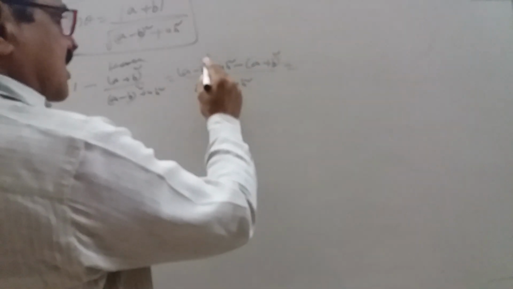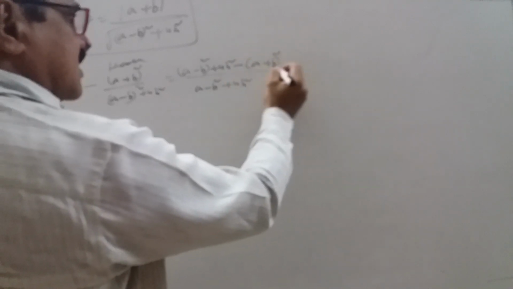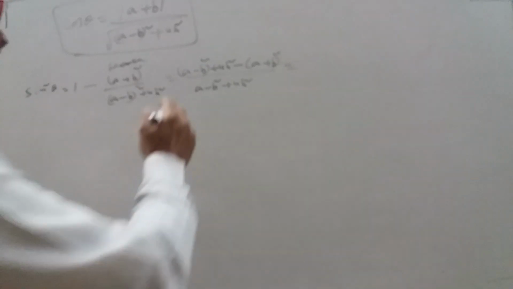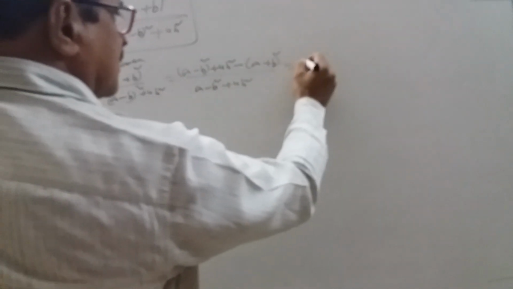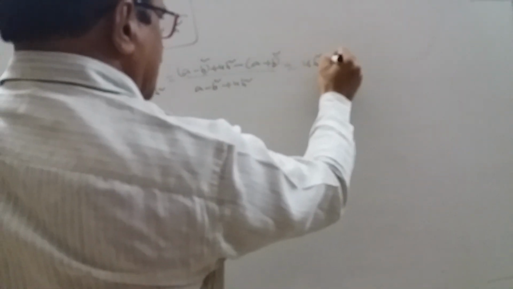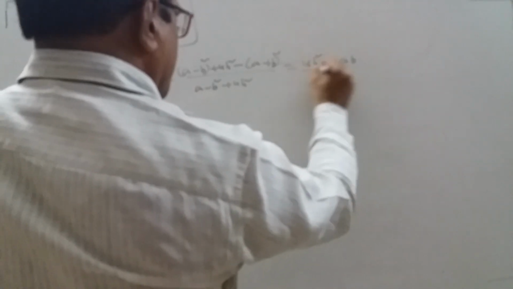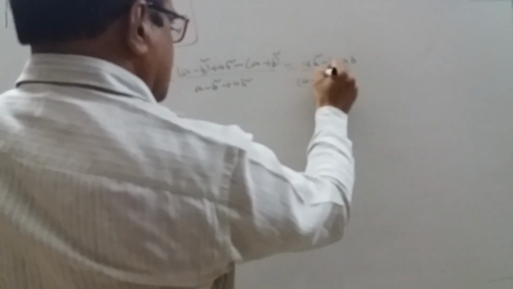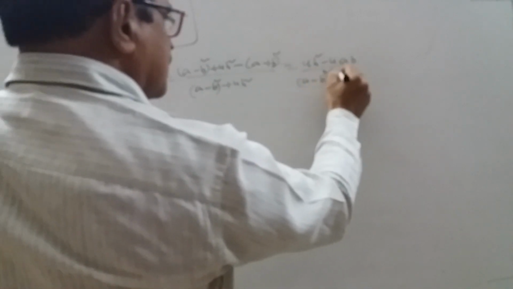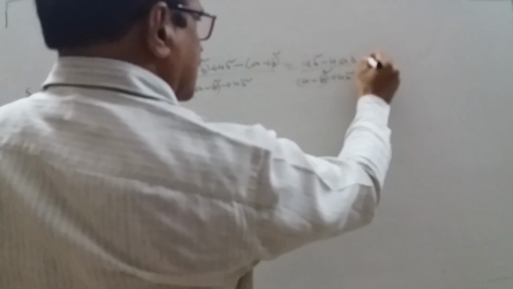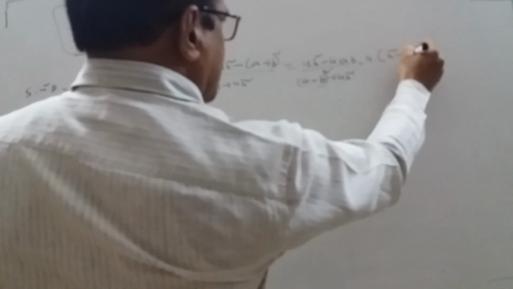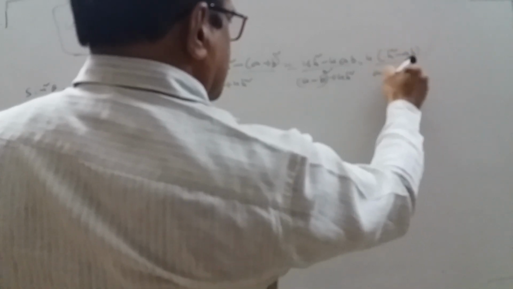This can be simplified: (a minus b) whole square minus (a plus b) whole square, a square gets cancelled, b square gets cancelled. So minus 4ab. Here minus 2ab is there, here minus 2ab is there. That means 4h square minus 4ab by (a minus b) whole square plus 4h square. By taking 4 as common, 4 into h square minus ab by (a minus b) whole square plus 4h square.